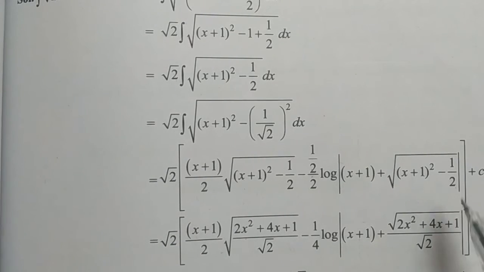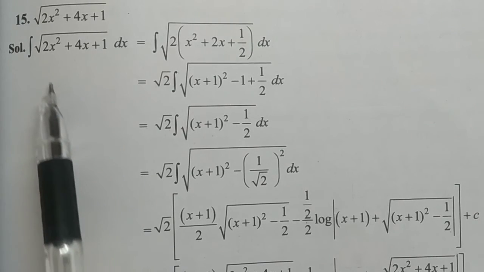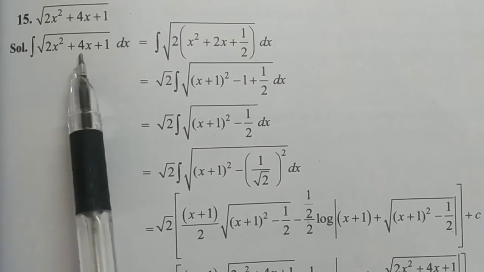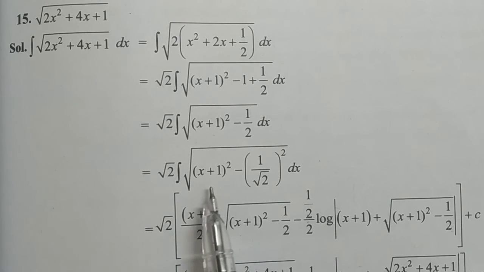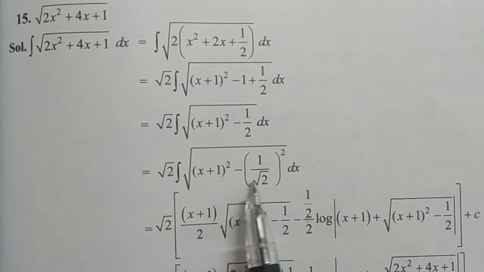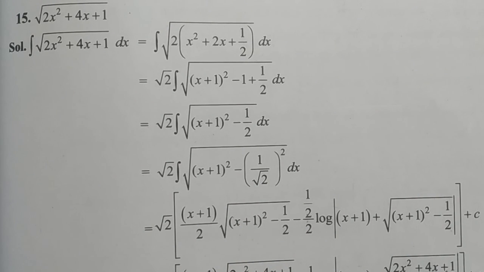So it is a simplification of square root of 2x square plus 4x plus 1. See here we are simplifying this one only. Finally we get the value for what? X plus 1 the whole square minus 1 by root 2 the whole square. That value only we are writing here.